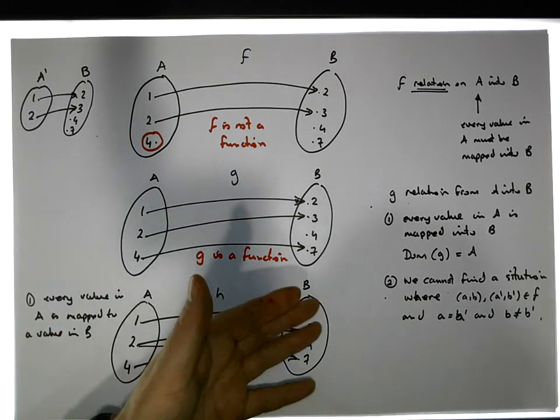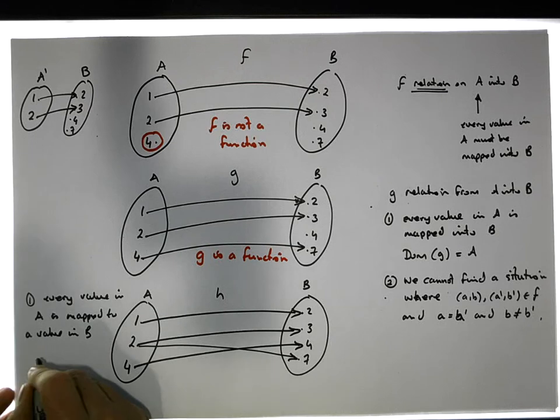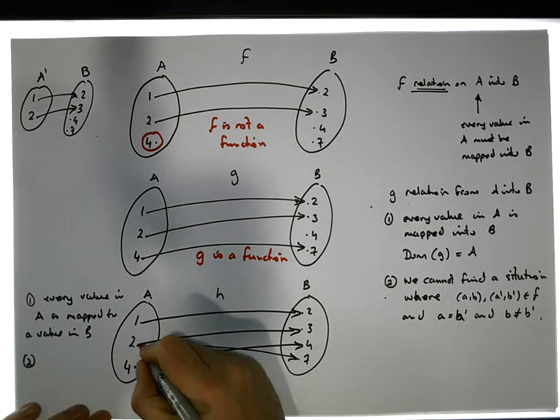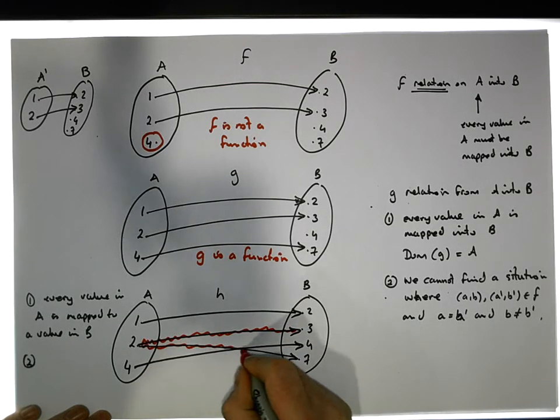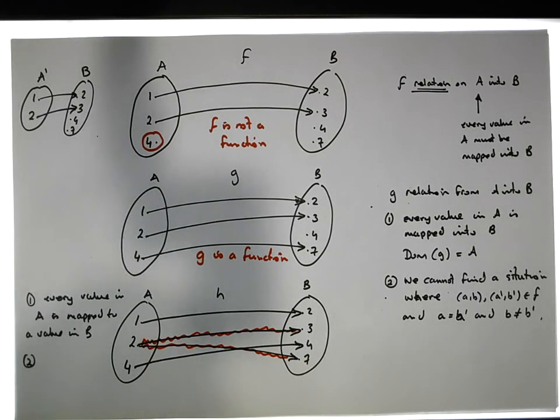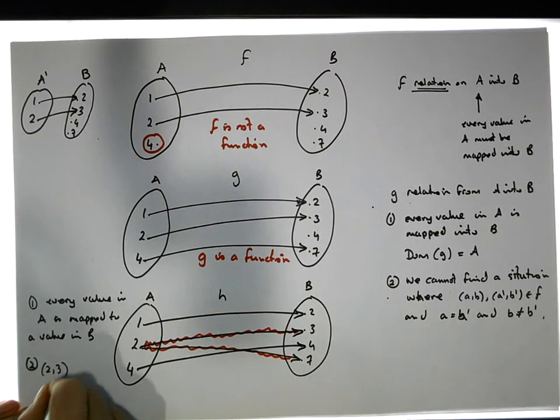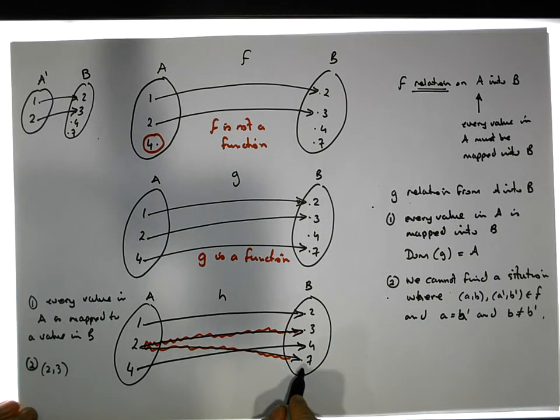That's good. But the second condition is not satisfied because we have a situation where we have a double arrow. We have a mapping going from here to here, and a mapping going from here to here. Let's have a look at those two things. 2 is taken to 3, and 2 is taken to 7.